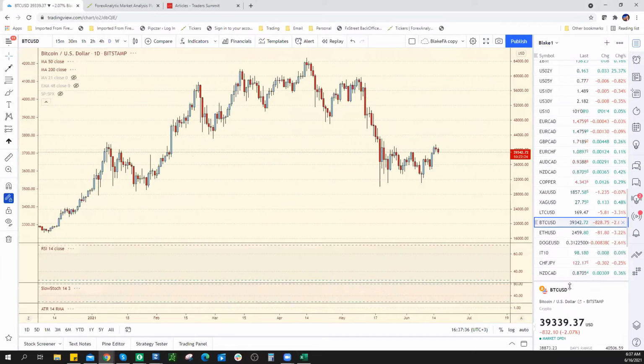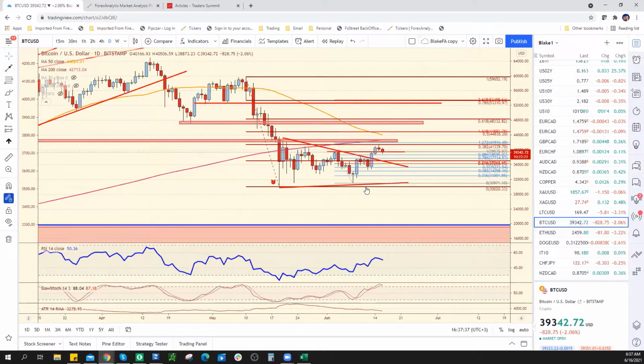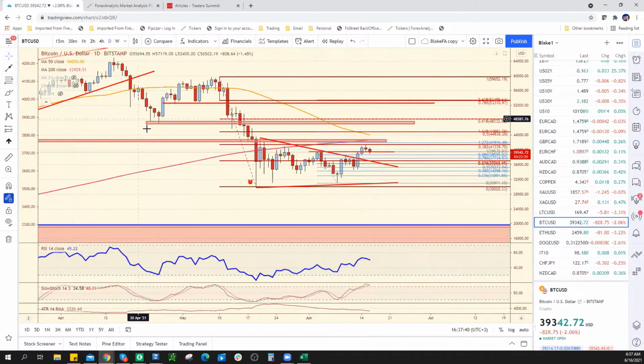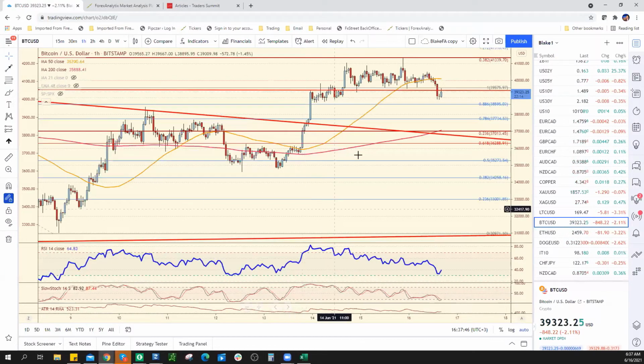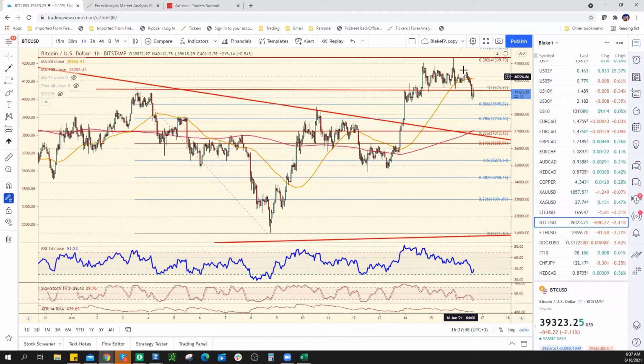Bitcoin, we were talking about this in the chat room. We're like, man, all these people got sucked in above 40K. They are paying the piper now, right? They got sucked in buying this above 40,000 the last couple of days. They got stopped out. So now that means that a break.